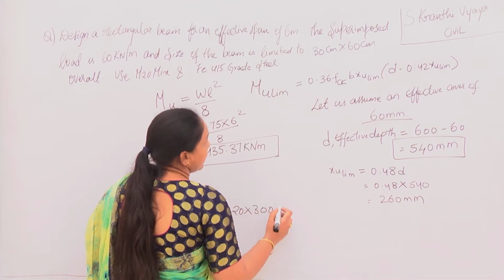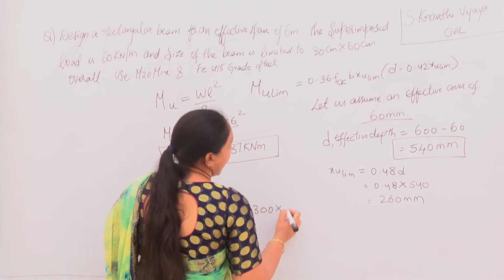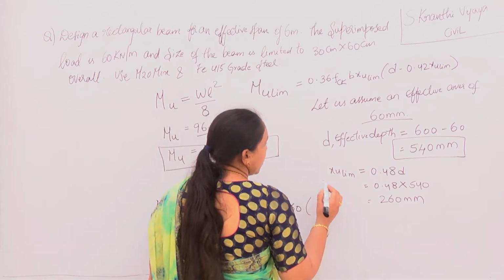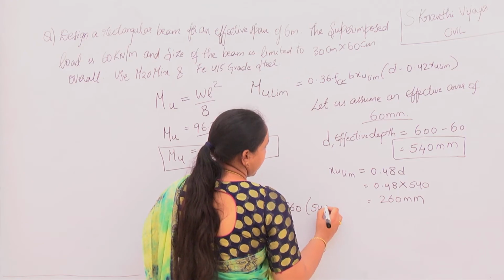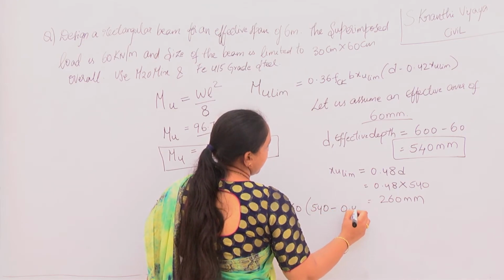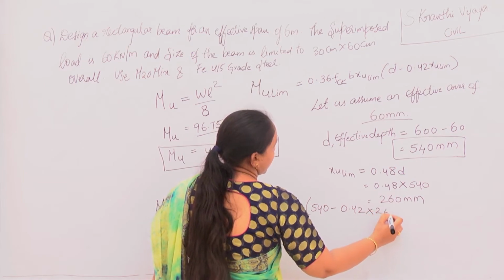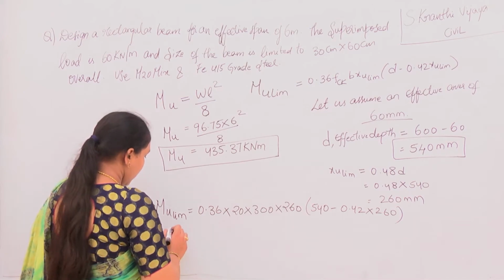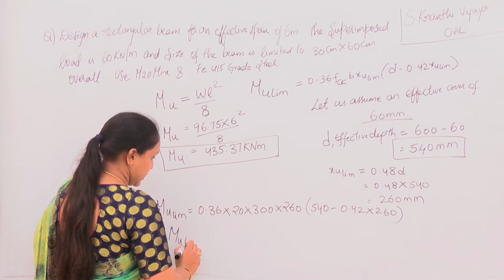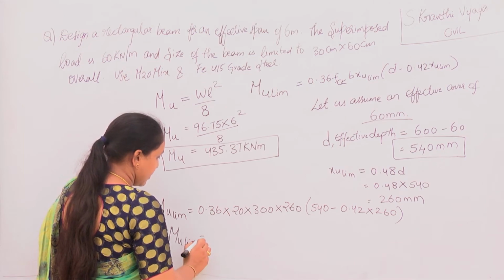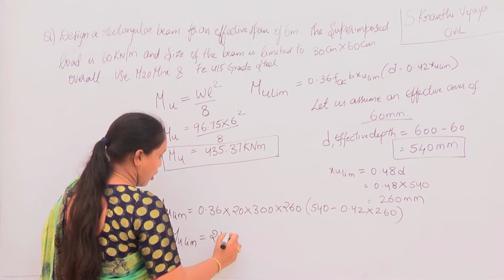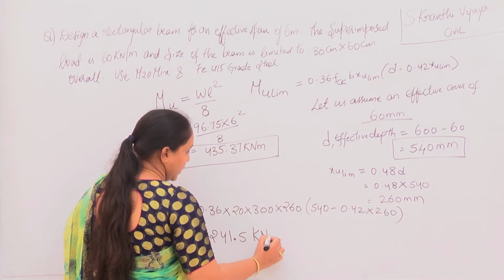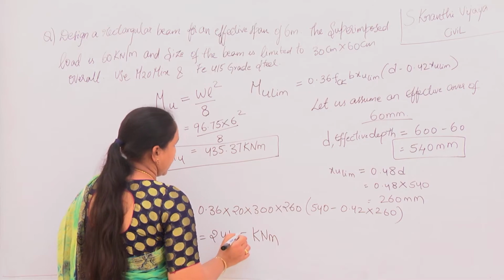It is 300 mm, into XU limit, which is 260, into D, which is 540 mm, minus 0.42 into XU limit, which is 260. If you calculate this, you will get an MU limit value of 241.5 kilonewton meter.